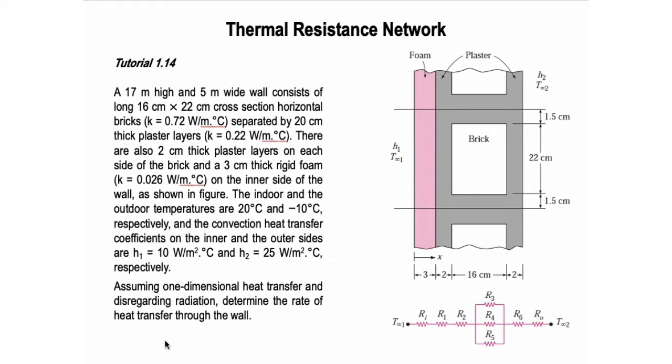Okay, K is given for all the materials. The indoor and the outdoor temperatures are 20 centimeter and -10 degrees C. So this one becomes the inner side because it is stated here that the inner side has foam.